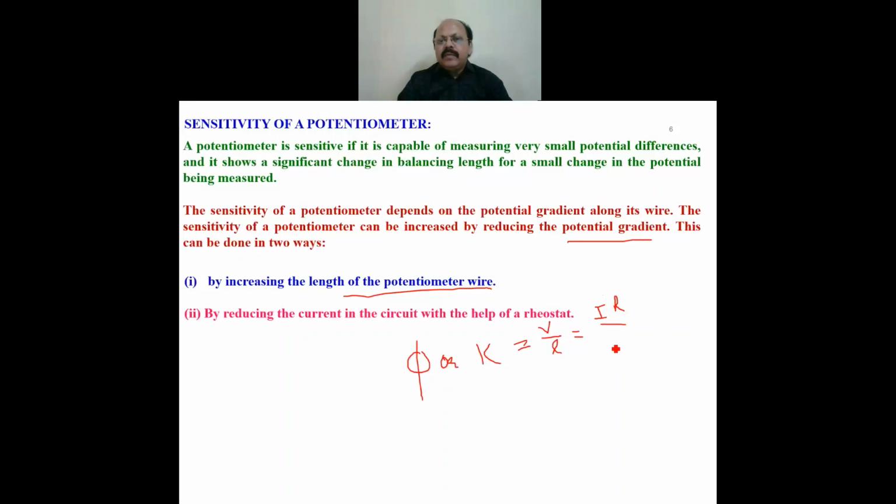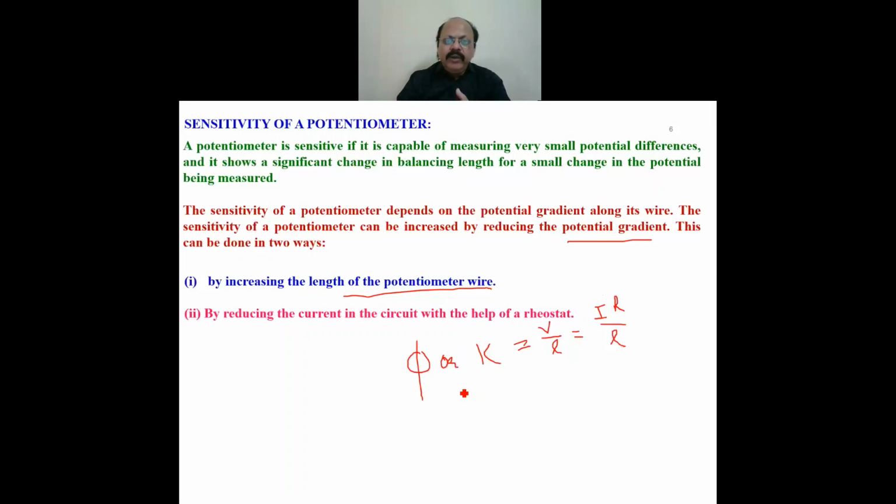So if L is fixed, then sensitivity can be increased by reducing the potential gradient. In that condition, we reduce the current in the circuit with the help of a rheostat. If we reduce the current, then potential gradient gets reduced and sensitivity of potentiometer gets increased.